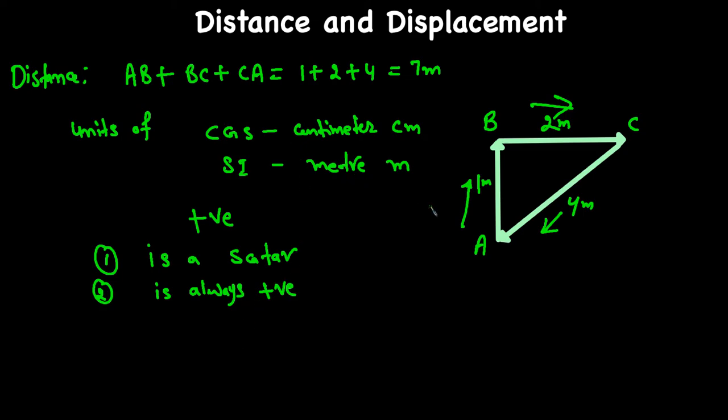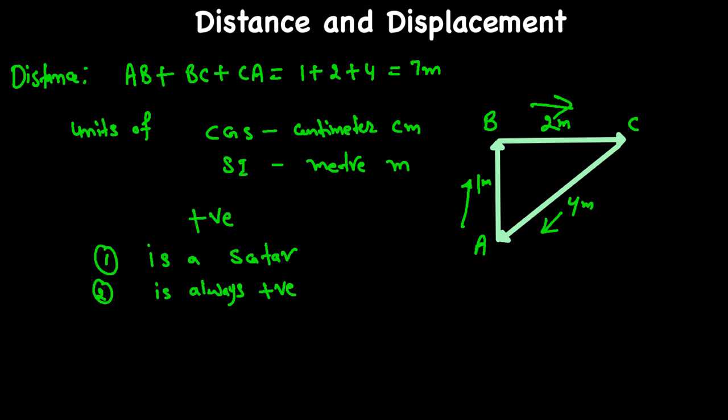Basically, the length of the actual path traveled by a particle between initial and final position. So this was our initial position. We keep going, and when we came back to our original position, our initial and final position is the same, but we traveled some distance. So we basically add all those paths.